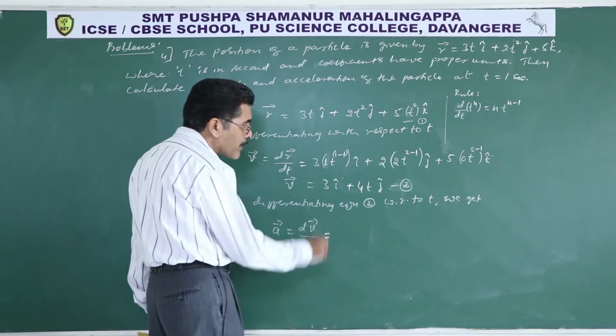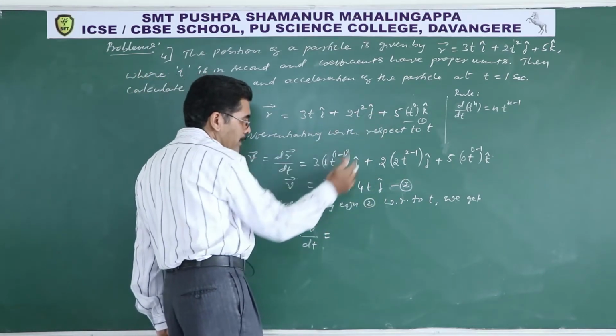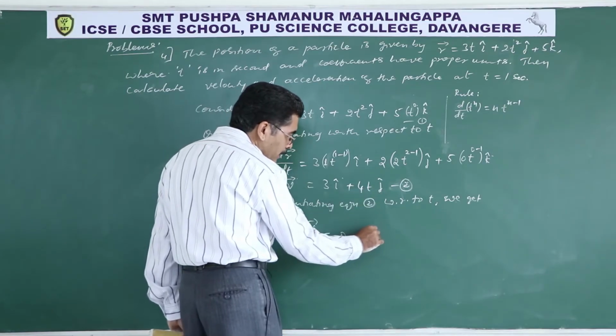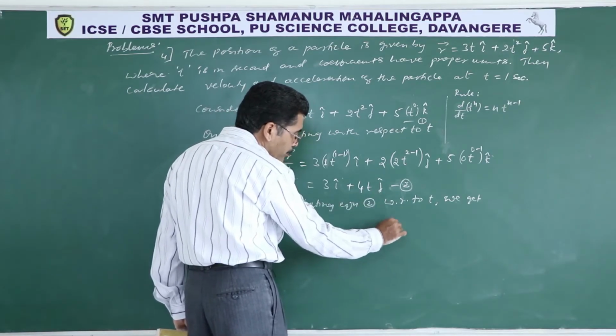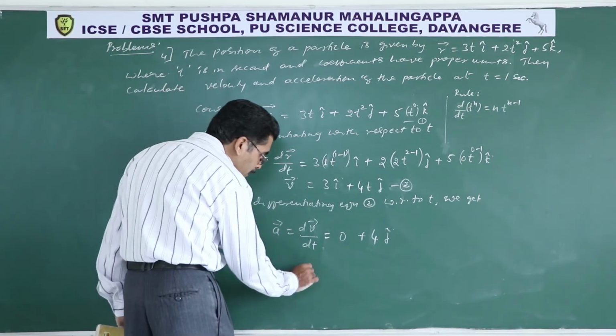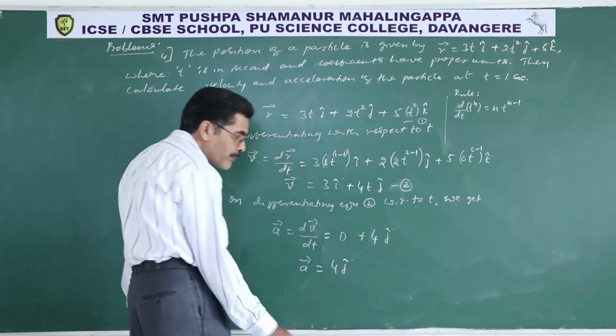Here the constant gives 0, and 4t on differentiation gives you 4 into j cap. Therefore acceleration is 4 into j cap.